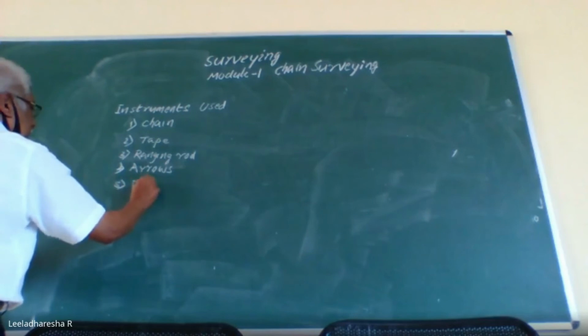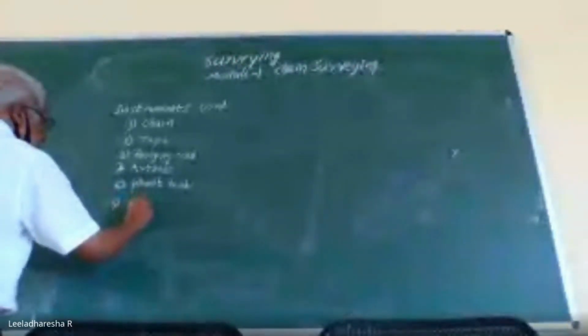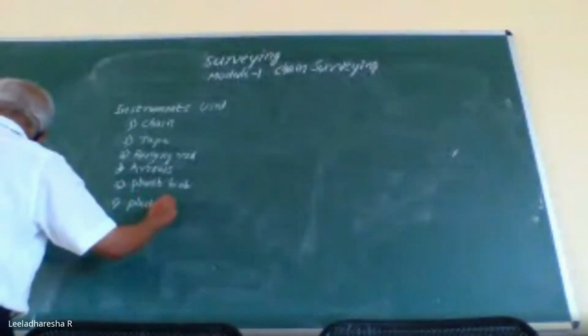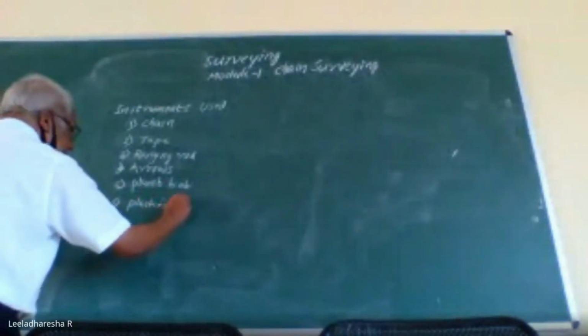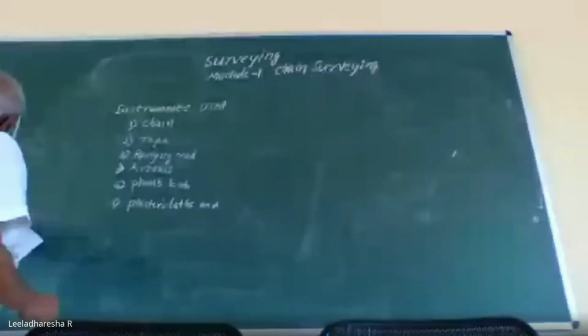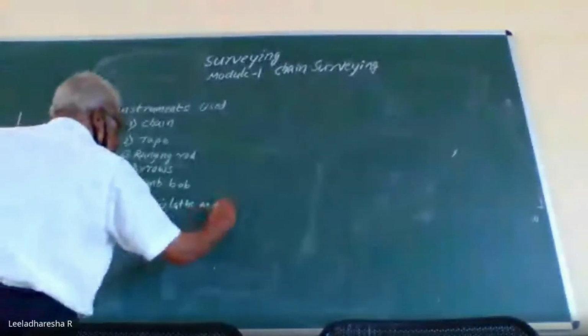Then plumb bob, lobsters, rats, and weights.